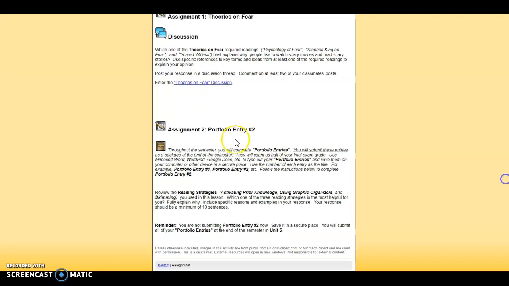The second assignment is going to be our second portfolio entry. In Unit 1, you should have already completed portfolio entry number 1, and now you'll continue on and do number 2. Just a quick reminder, the portfolio entries are not submitted right now. What you'll do is save your portfolio entries. I would save them all in one document, one Google Doc or one Microsoft document.